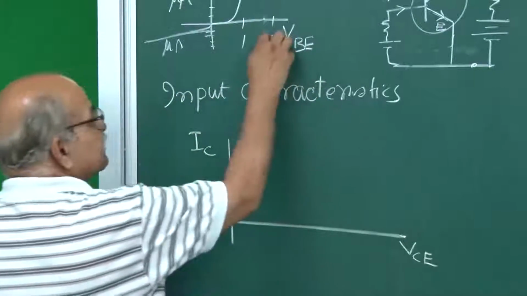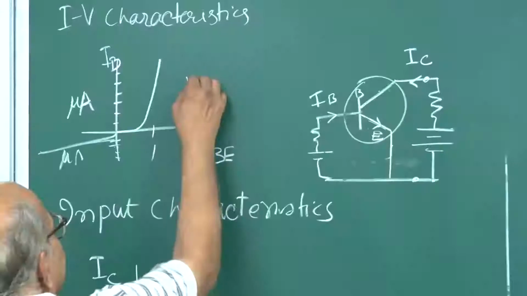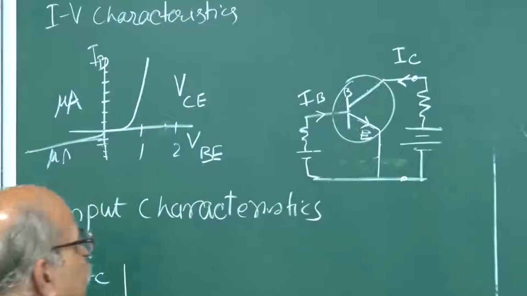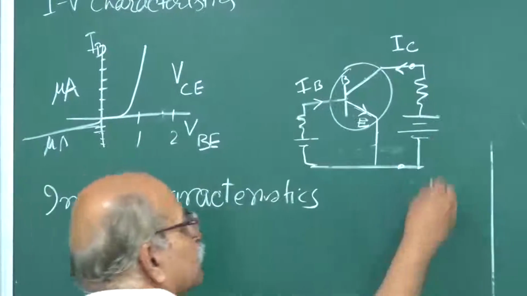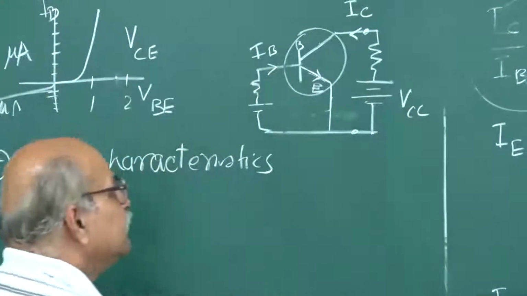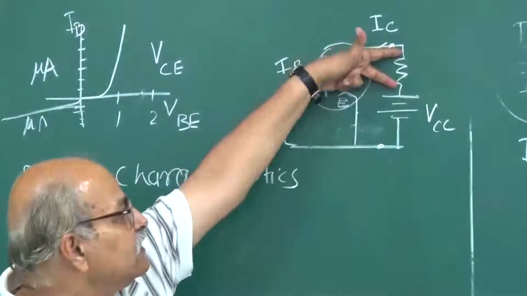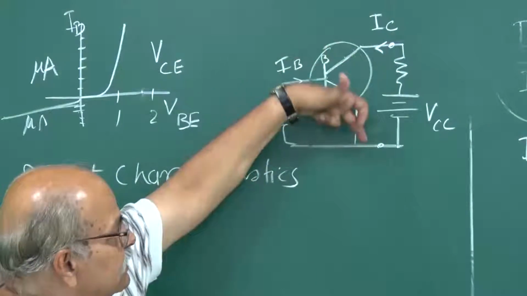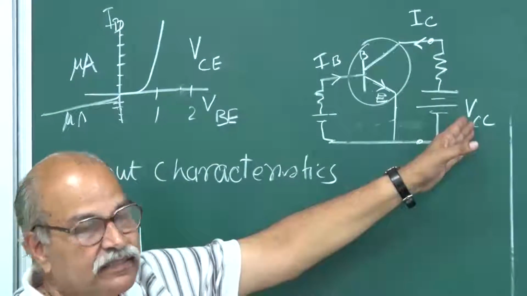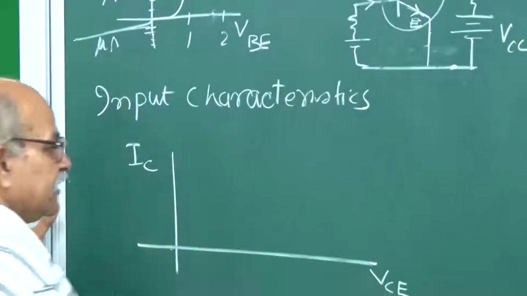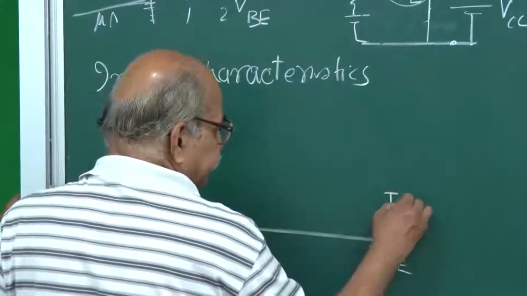By the way, in this particular case VCE is constant, and for that you may have to adjust VCC, because if the current is changing, then this drop is changing, and to keep VCE constant you have to adjust VCC here.